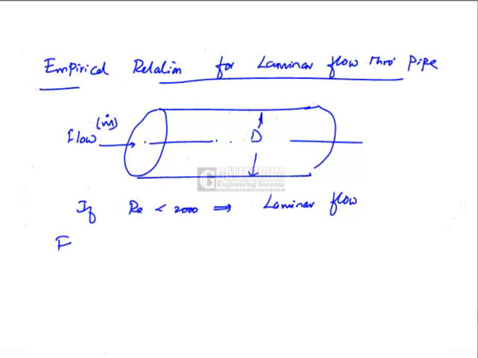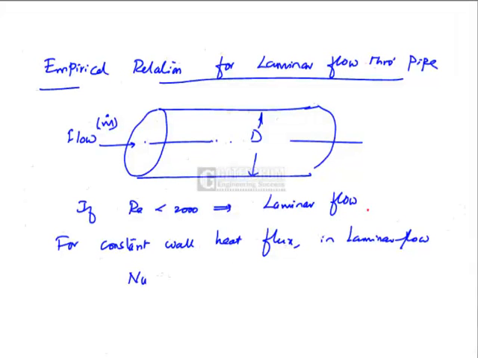For constant wall heat flux, Nusselt number in laminar flow is calculated by 48 by 11, that is 4.364.